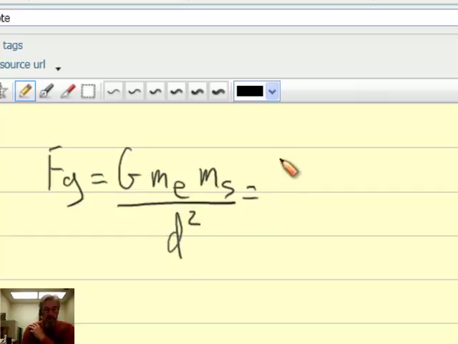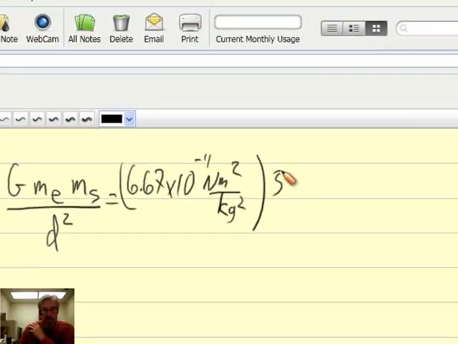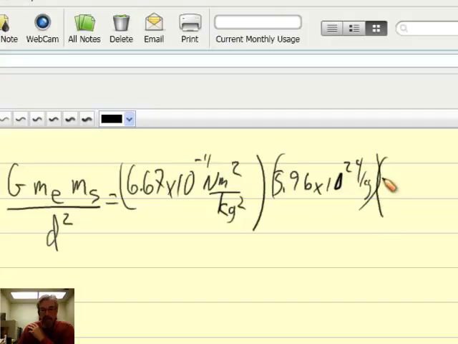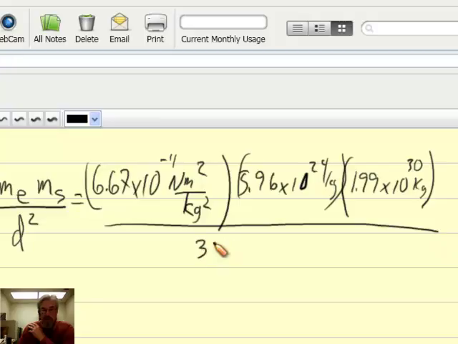So we'll plug information in here with numbers and units. 6.67 times 10 to the negative 11th newton meters squared per kilogram squared, multiplied by the mass of the Earth, which was 5.96 times 10 to the 24th kilograms, times the mass of the Sun, which was 1.99 times 10 to the 30th kilograms, and then that's all divided by the square of the distance between the two, which we just found was 300 times 10 to the 9th meters. So we square that number.